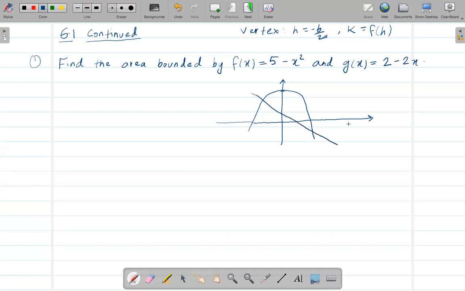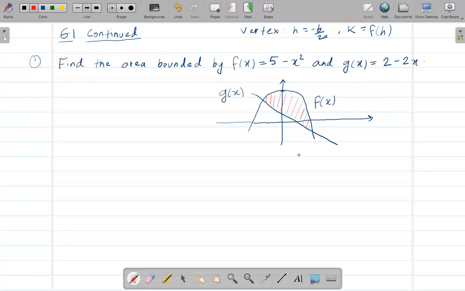Now the problem is saying find the area bounded by these two graphs. So the first one here, we said this one is f of x. The second one, this straight line or linear equation, we say g of x. So that means we need to find the area between these two.